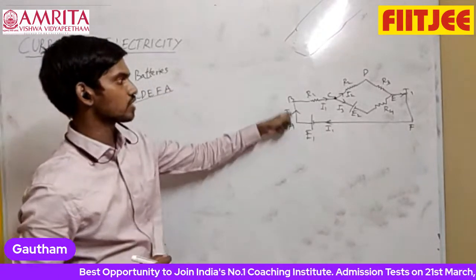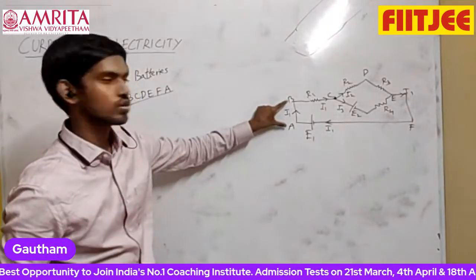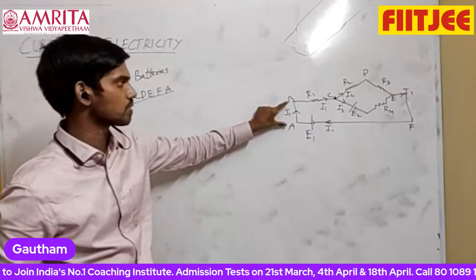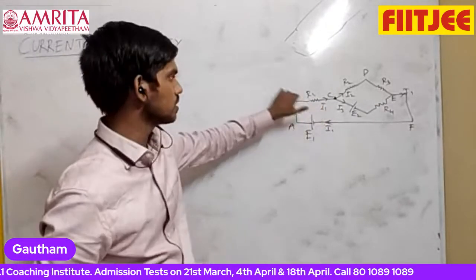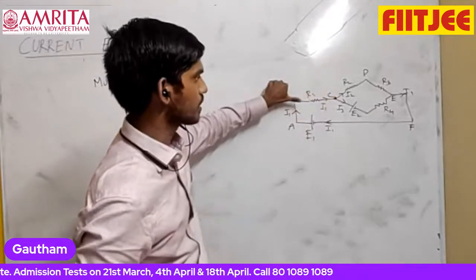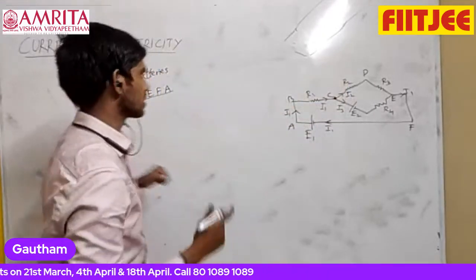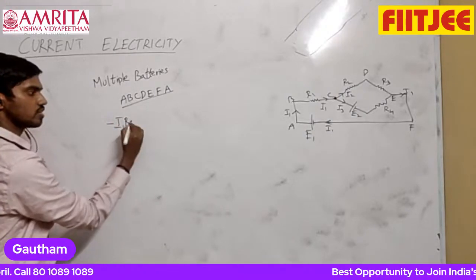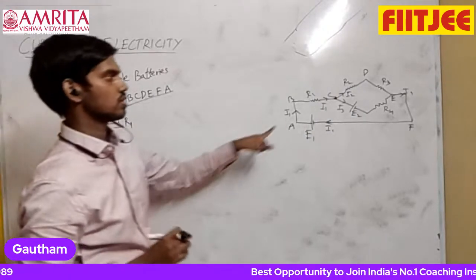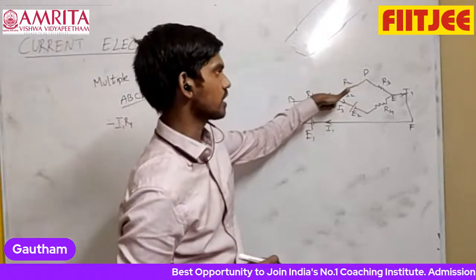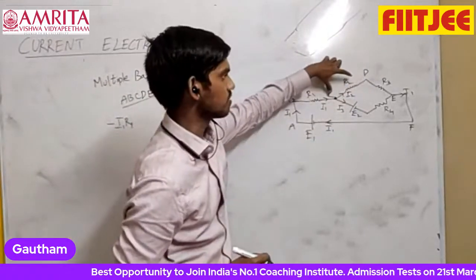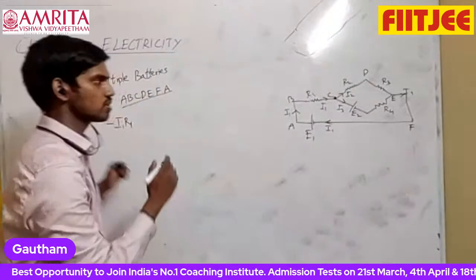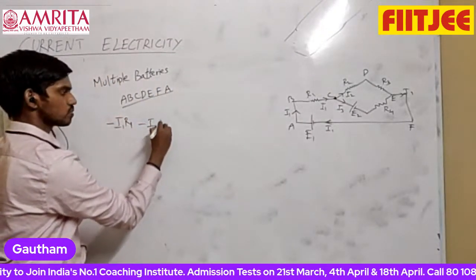You start from one point, go from A to B. As long as there is no resistor or battery, there is no potential drop. Then when you go from B to C, you are going along the direction of current, so potential will decrease by I1 R1: minus I1 R1. Then from C to D, along the direction of current, minus I2 R2.